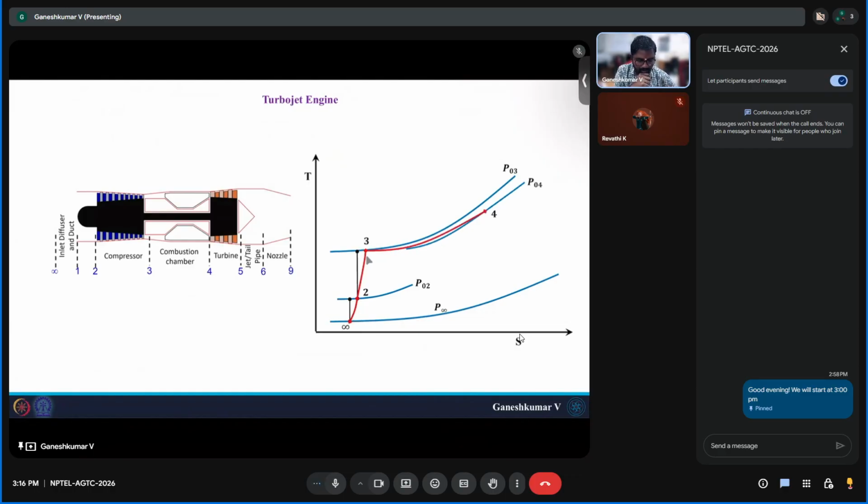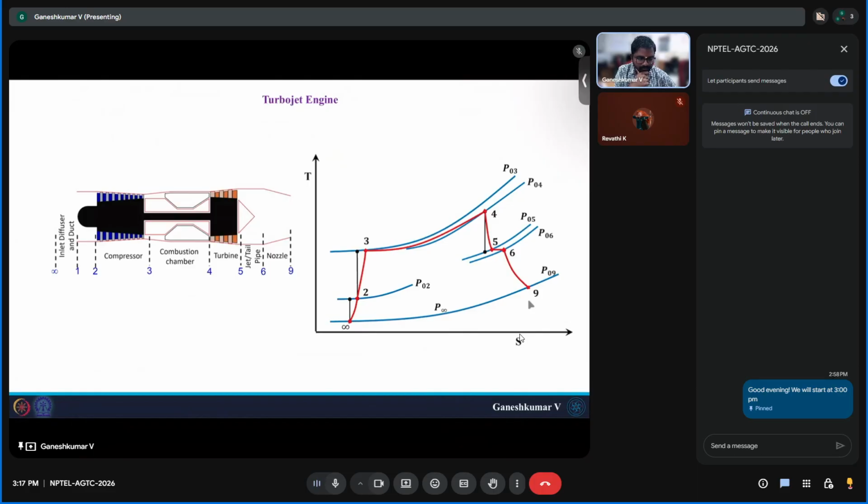And 3 to 4 is where you are adding heat, where the combustor comes into the picture, and 4 to 5 is the turbine, and 5 to 6 is the jet pipe or tailpipe. It's just a diffuser pipe. And from 6 to 9 you have the nozzle, where you will have an isentropic expansion, or here it's not an isentropic process.